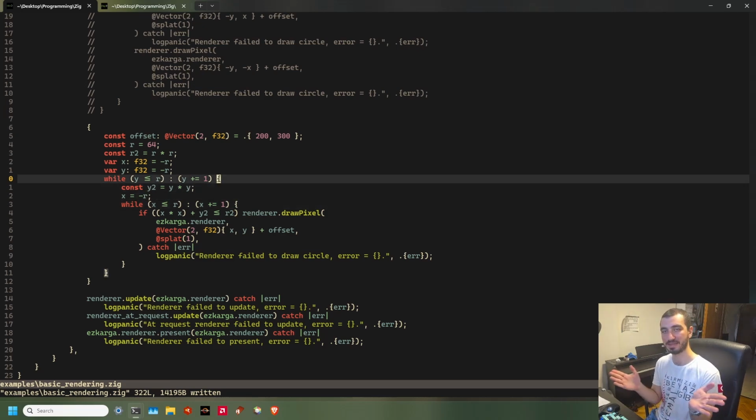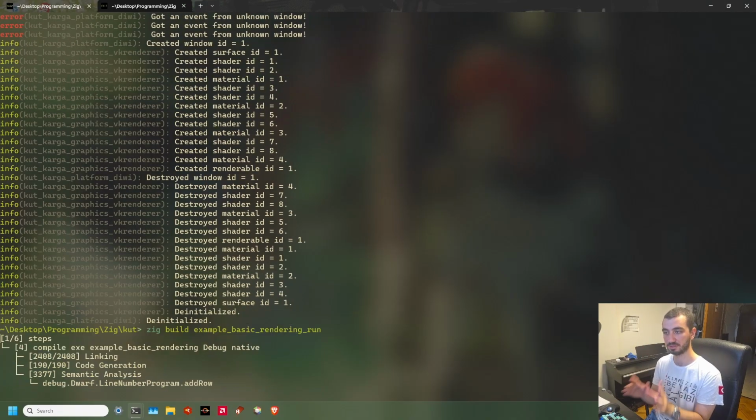So you basically go through its X and Y position of the circle, and you check if X squared plus Y squared is less than or equal to the radius squared, and that's how you know you're in bounds of the circle, so you can draw inside of it as well.